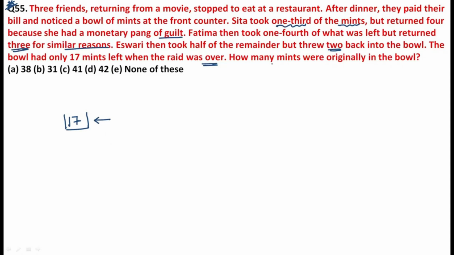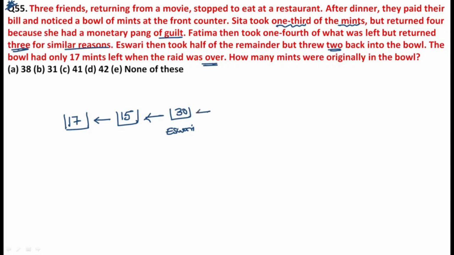After returning two, we get 17 in total. So without those 2 mints, there would definitely be 15 in the bowl. So before Ishwari took her portion, the total number of mints was 30. Is it clear? So that is the Ishwari part.